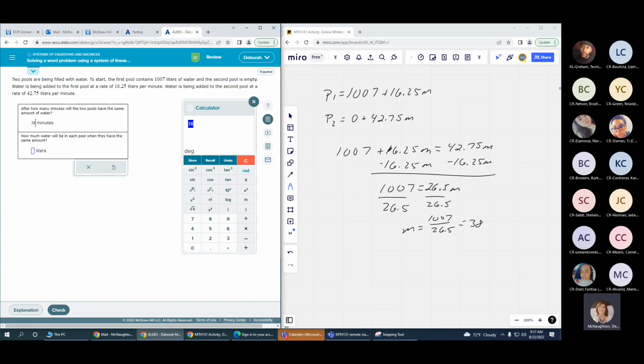And we put this into either equation to find out how much water is in the pool. So we can go 1,007 plus 16.25 times 38, or we could go 42.75 times 38. I just want to show you, they should give me the same answer.